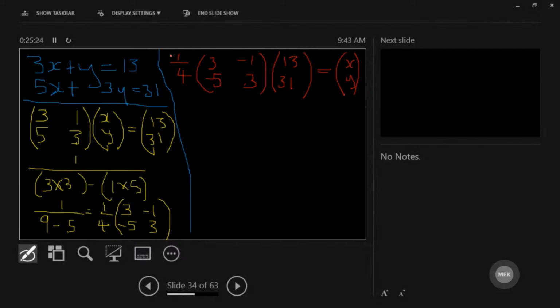So we retain the fraction. You could work these two first, but you'll end up with 4 fractions to work with. So I prefer to leave the fraction, and usually 1 over the determinant is a fraction, unless you get 1 down here, which will give you a whole number 1. But other than that, you're going to have a fraction.